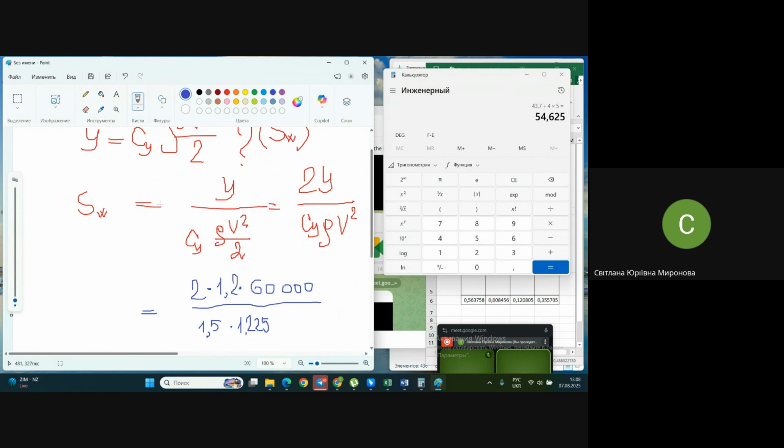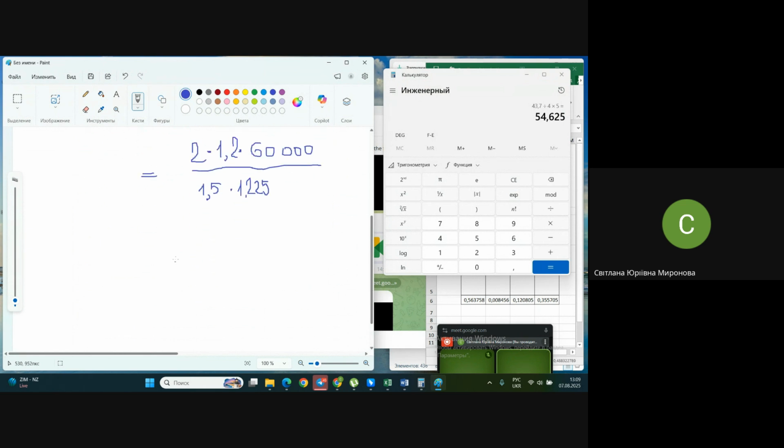But once again, we need everything in the same metric units. Kilometers per hour is not a metric unit. So what do we need to do? First, we need to recalculate the speed. What does it mean to recalculate the speed? Let it be 240, as it's given there, but it's 240 kilometers per hour. Let's recalculate it to seconds. We're working with seconds. And how many seconds do we have? You do remember, we have 60 minutes, 60 seconds.